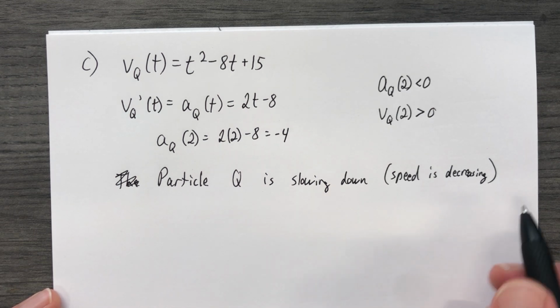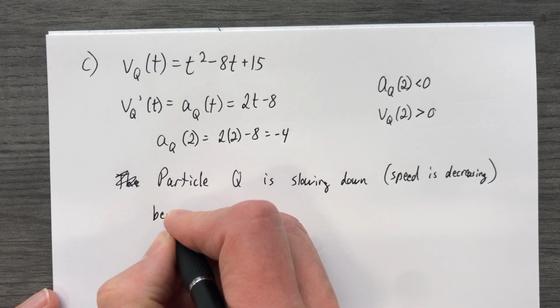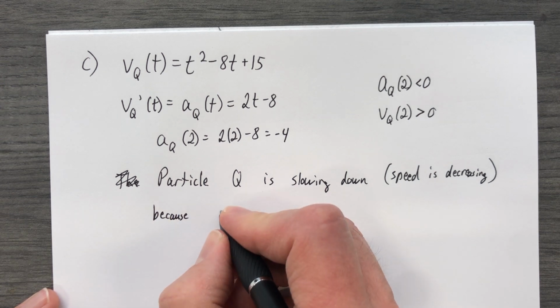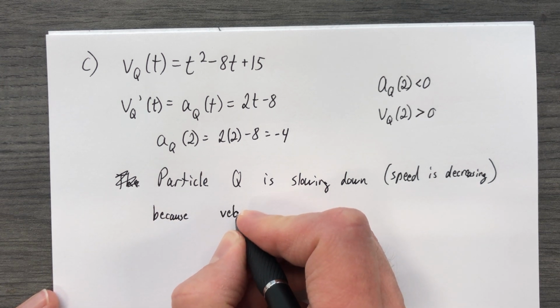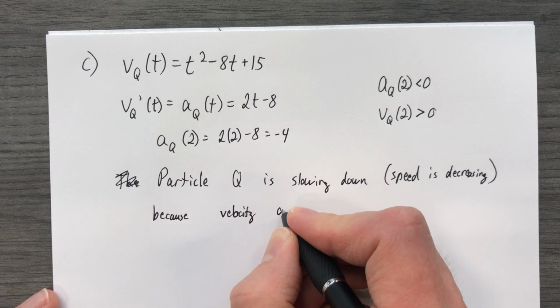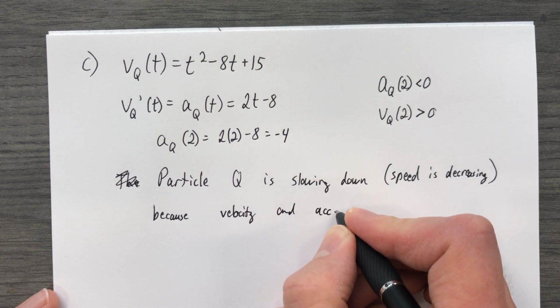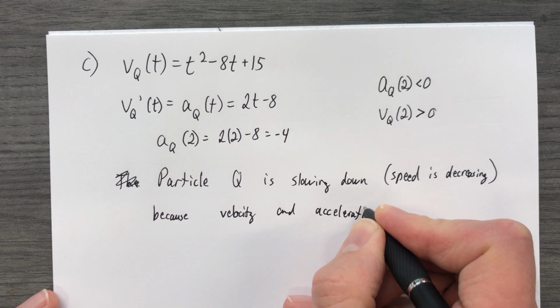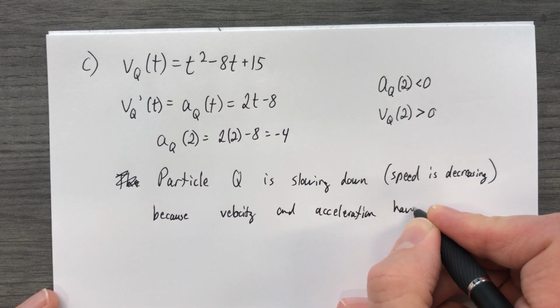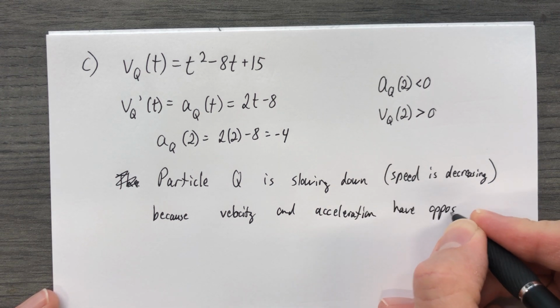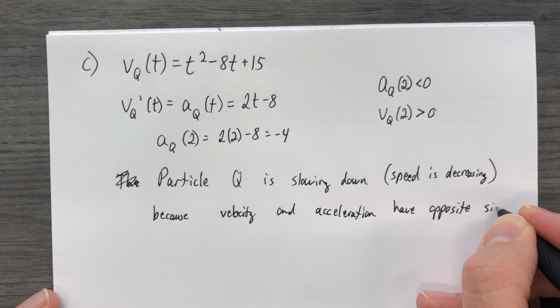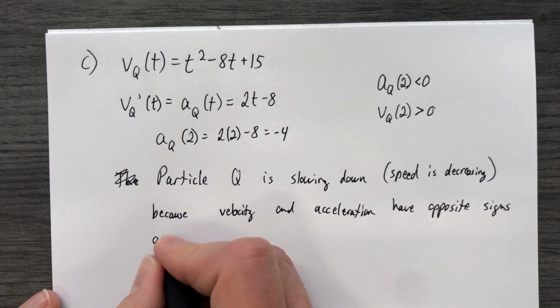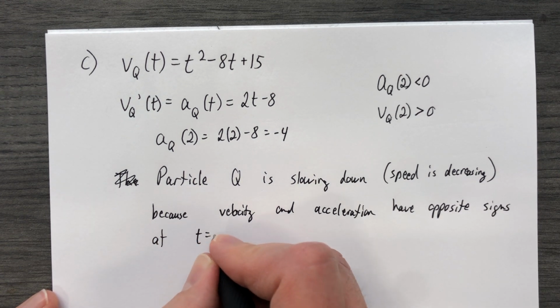Particle Q is slowing down, speed is decreasing because velocity and acceleration have opposite signs at t equals 2.